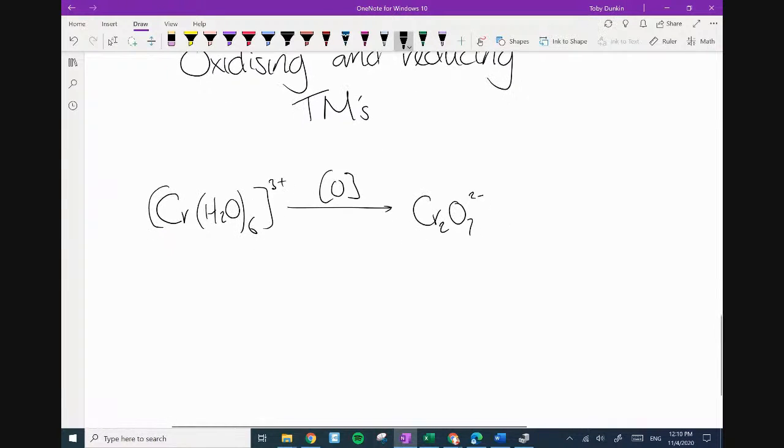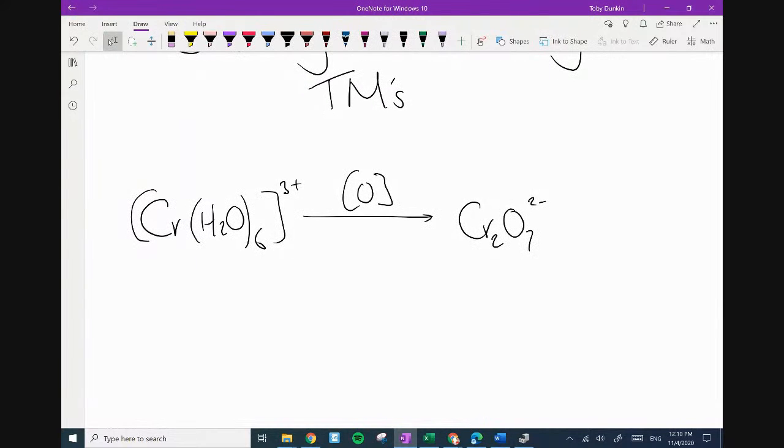What you need to do, guys, is just learn these for transition metals. So we're starting off with chromium in a +3, and we're raising it to chromium +6.